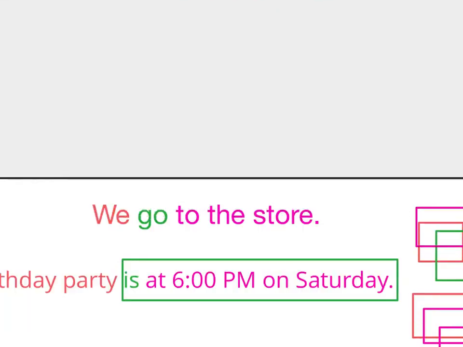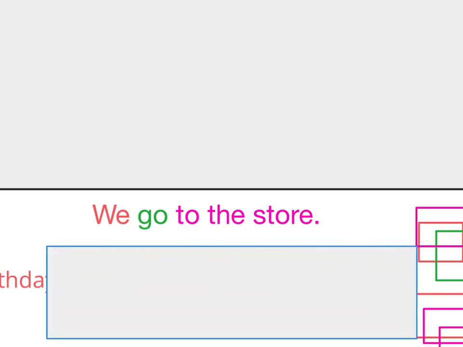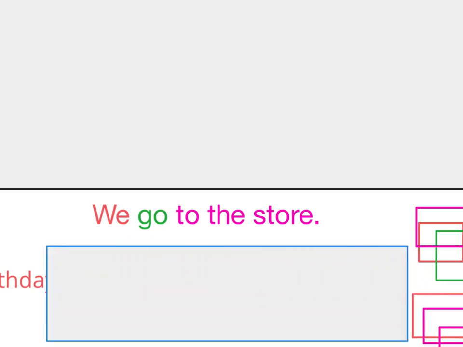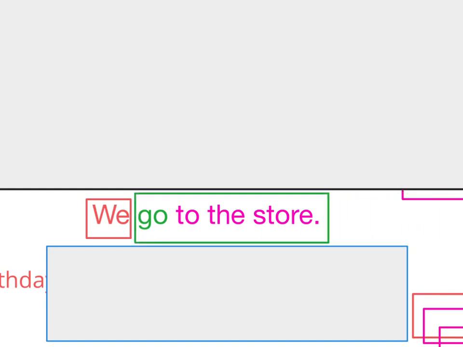Okay, now we're going to look at another sentence. We go to the store. So here we have our subject, we. Now, the verb is go, but the whole rest of the sentence is the predicate. We go to the store.